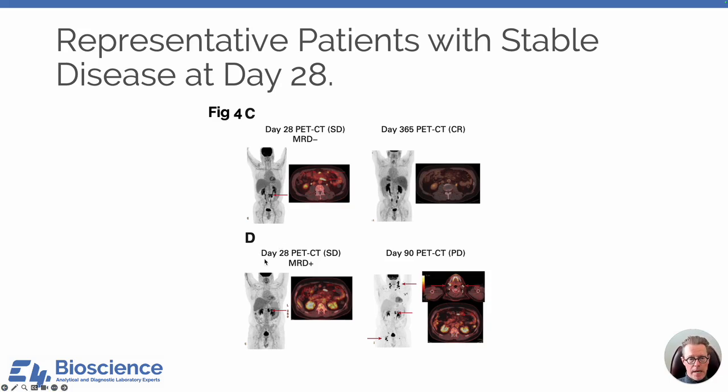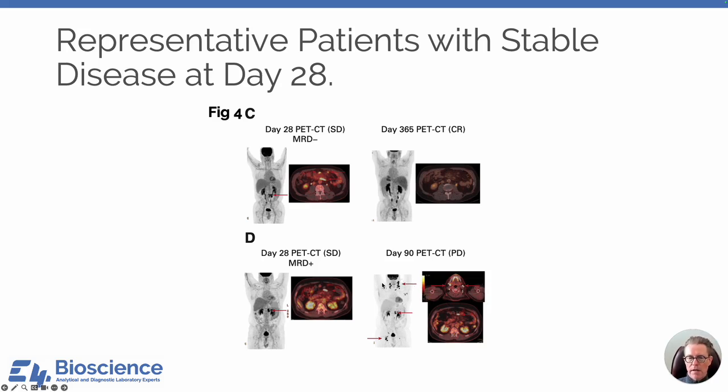On the flip side, we have another person at day 28, stable disease, only this time they're MRD positive. In fact, if you compare this patient to the patient above them, they look to have very similar disease, same location, and about the same intensity of PET avidity. However, the clinical outcomes at day 90 are just remarkably different, because here they have progressive disease.